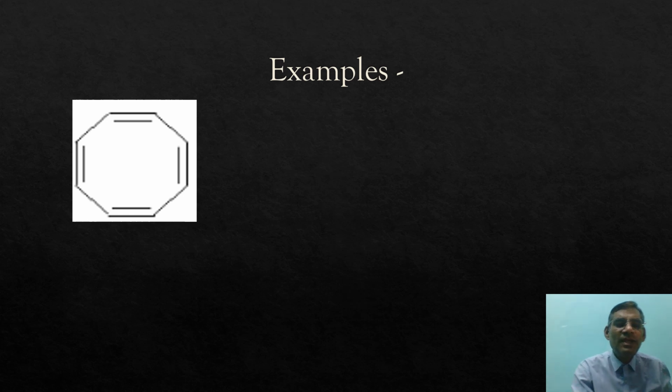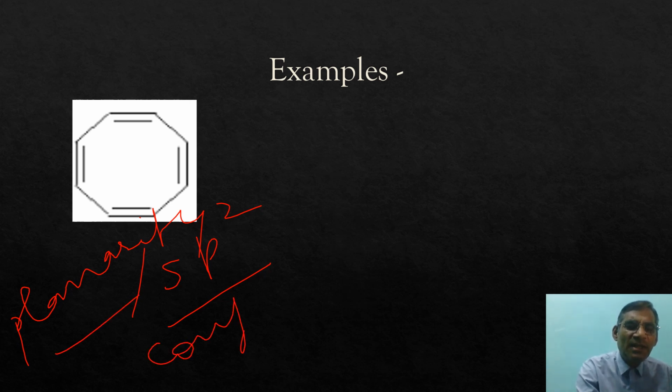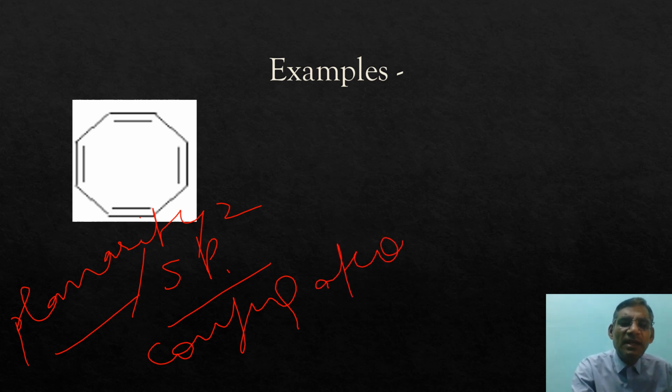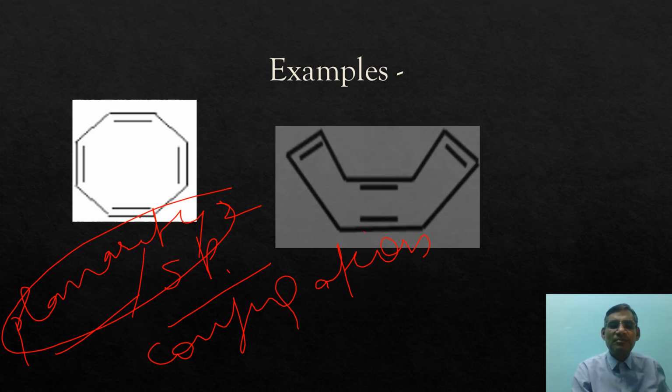See here what this is. Cyclooctatetraene. Here hybridization is sp2. That means planarity is there. Here planarity is there, conjugation is there, Hückel's rule is also followed, but its shape is not planar, it is tub shaped.